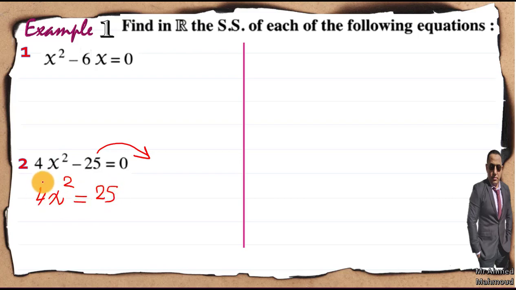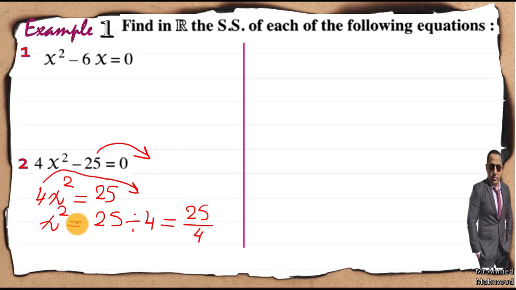Now I'm going to send the 4 to the other side by dividing, so x² equals 25 over 4. Now I'm going to take the square root for both sides, so x equals, don't forget please, negative or positive square root of 25 over 4, which is negative or positive 5 over 2.